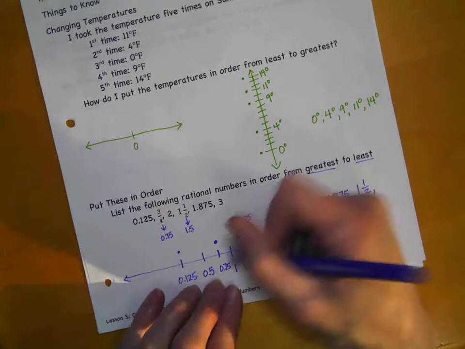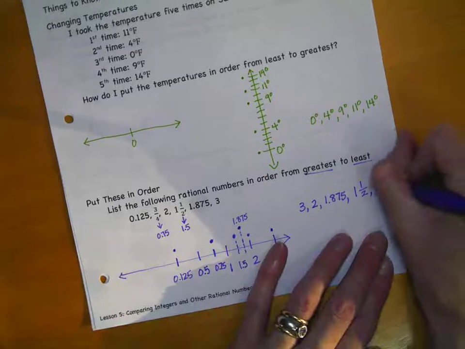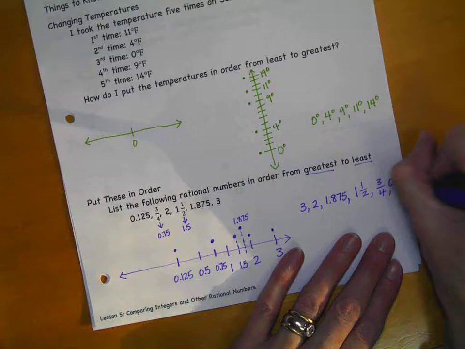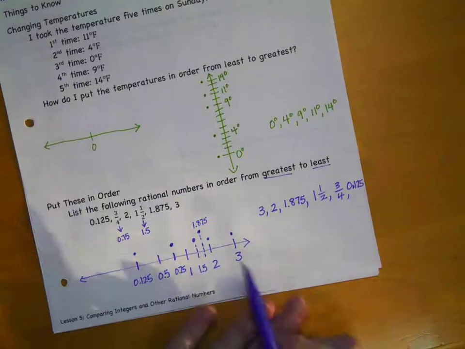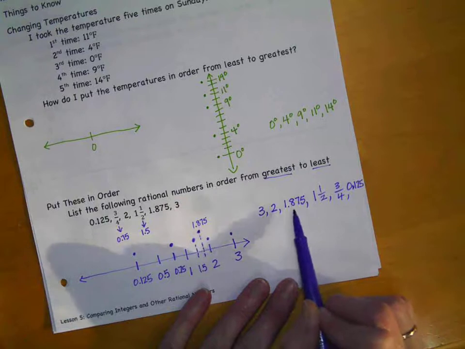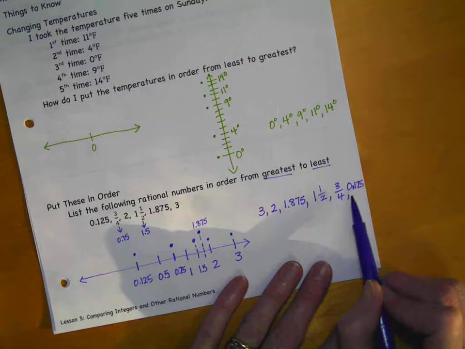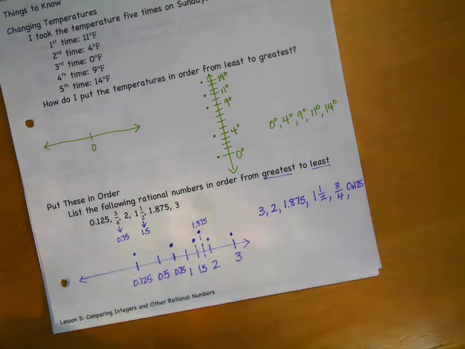And then the next one going down, again, this is what I converted it to, and we're supposed to write it the way we started with, so it would be 3/4. And finally, the last one is 0 and 125 thousandths. So from greatest to least, I have 3, 2, 1 and 875 thousandths, 1 1/2, 3/4, and 0 and 125 thousandths. And that is from greatest to least.